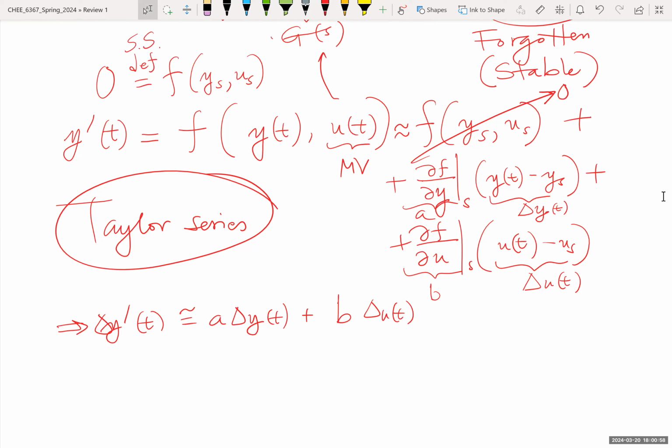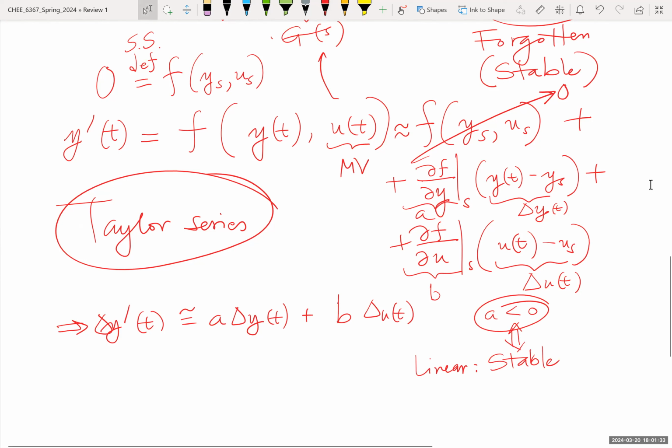If I have a steady state, ys, us, and I do this approximate linearization through Taylor series around the steady state, and I find that the linearized system is stable, which means a is less than 0, so this equivalent linear system is stable, then there is a neighborhood around that steady state for which the nonlinear system is stable.